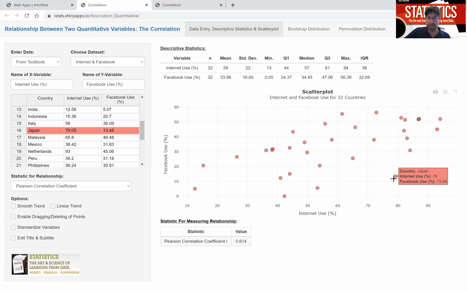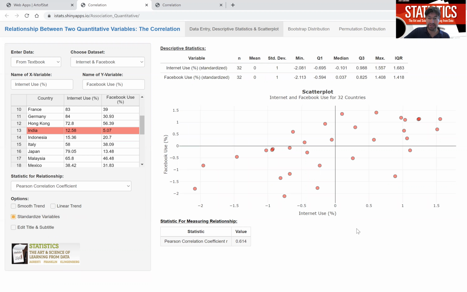Let's focus on one particular country, Japan, which has an internet use of roughly 80% and a Facebook use of roughly 15%. Let's first find the z-scores of Japan in terms of internet use and in terms of Facebook use. I can get this automatically with the app by pressing on standardized variables.